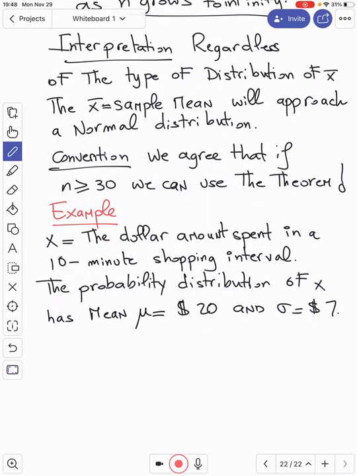So the question is the following. Let's say you have a random sample of 100 customers.